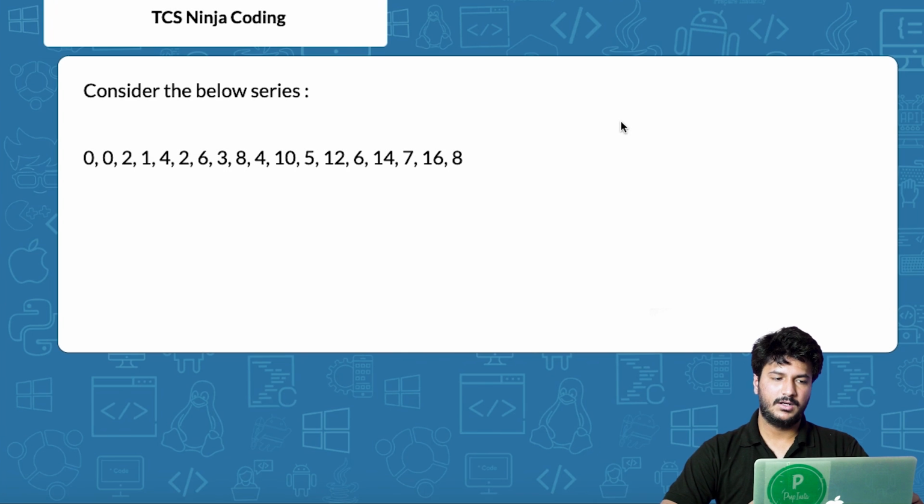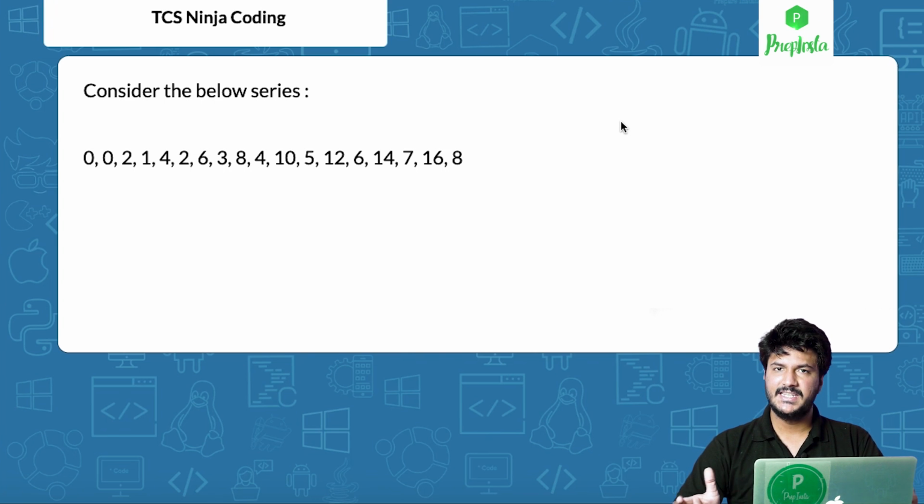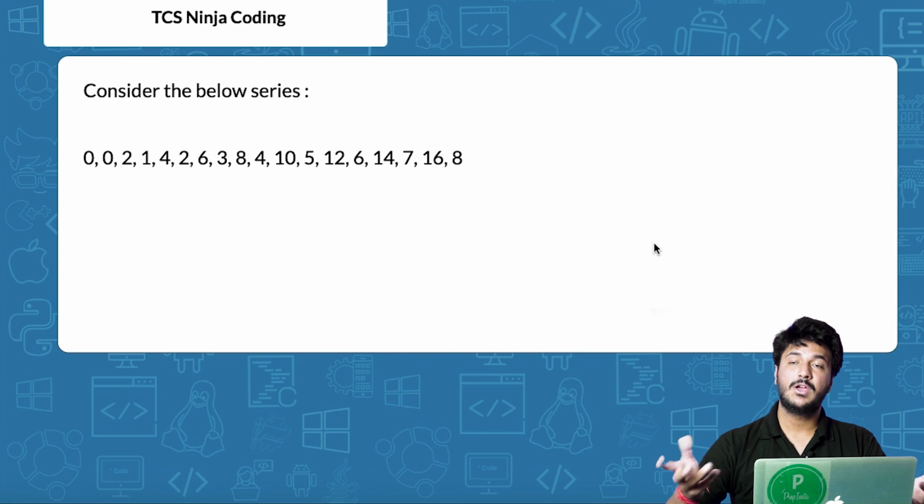So for example, this question was asked in the TCS Ninja exam or NQT exam last year, right? So consider the following series, and then this series is given, and you have to print this series or a particular number in this series.